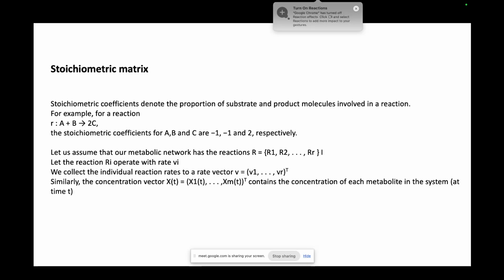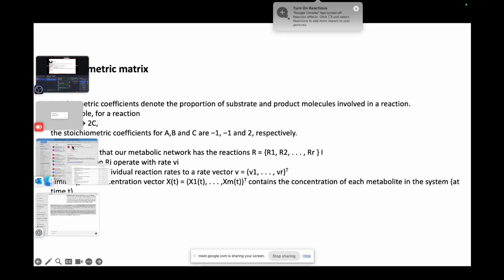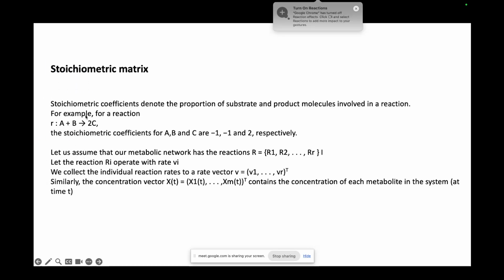If you assume a metabolic network, you have a set of reactions inside the network which create new molecules, new products, which are getting used up by other reactions in the network as well.